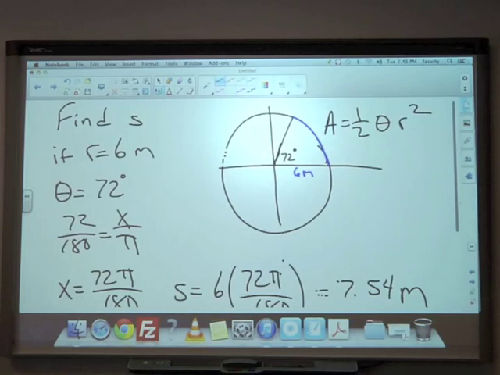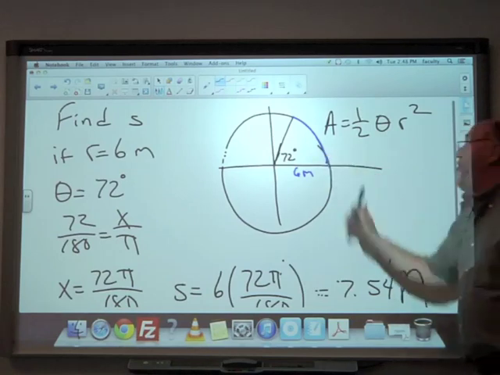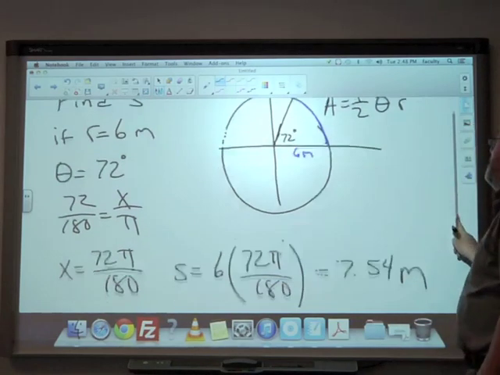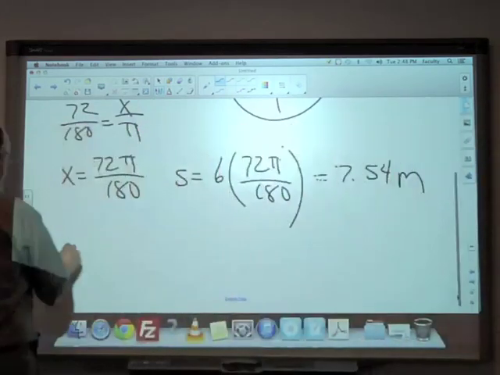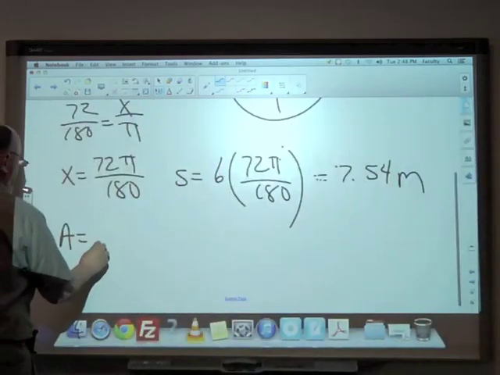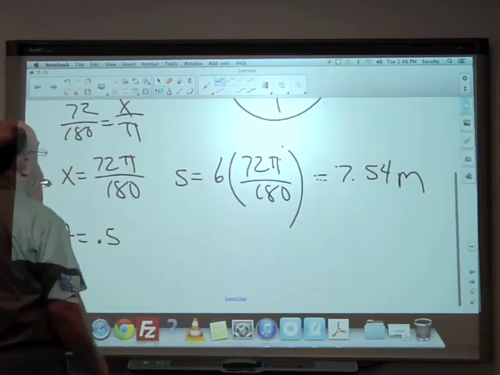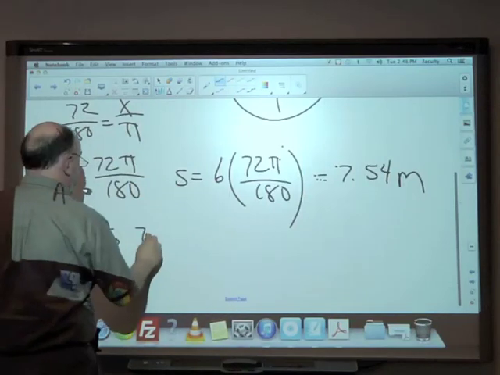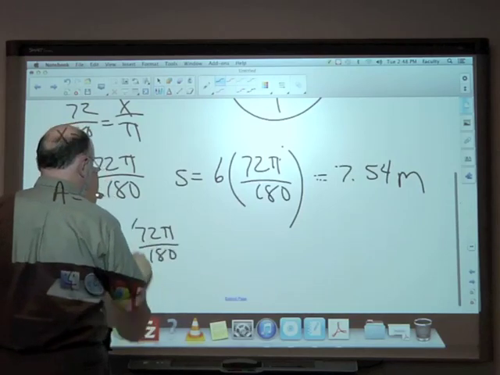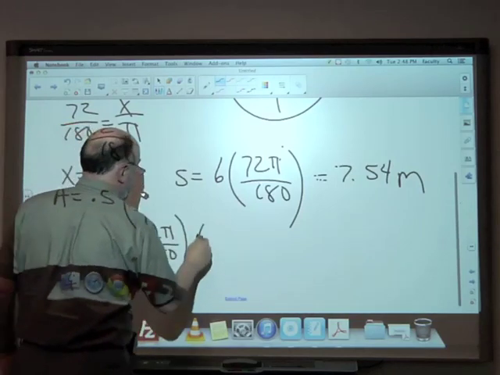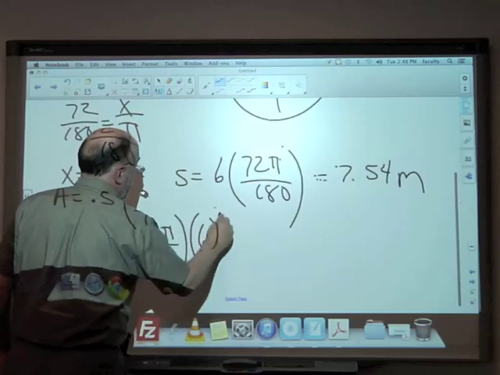So if I want to know the area of that piece, the area is going to equal 1/2, which is 0.5, times 72 pi over 180 times 6 squared.